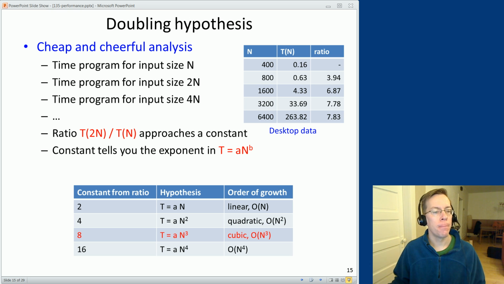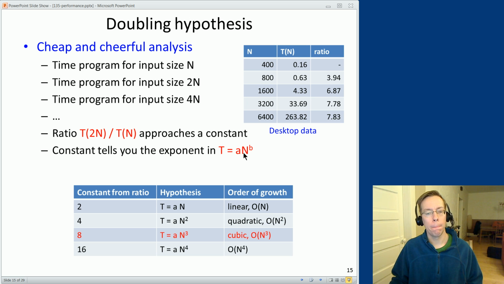The doubling hypothesis means basically we use this ratio to estimate what constant we've got in an expression. We're assuming the performance of our algorithm, the time t, goes as some constant a times n to the power of b. Here n is the problem size, how big of an array of integers I'm trying to threesum.